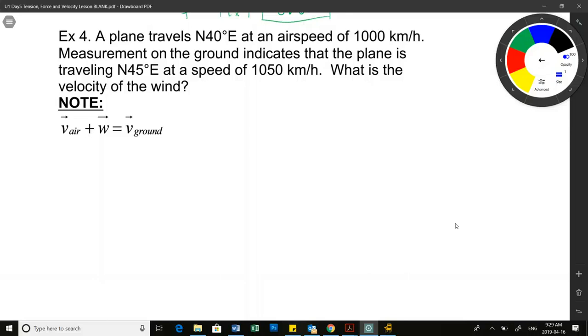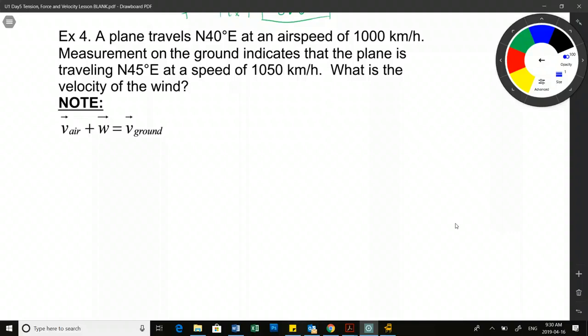Okay, so let's just think this out for a second. Why would the plane be reading a certain direction and speed, and why would that appear different on the ground? Yes, the wind is blowing the plane in certain directions, and if it's traveling with the direction of the plane, it may be actually helping the speed of that plane, pushing it, or it could be counteracting the speed of that plane, so maybe the speed of the plane is actually a little bit less than the speed measurement in the air.